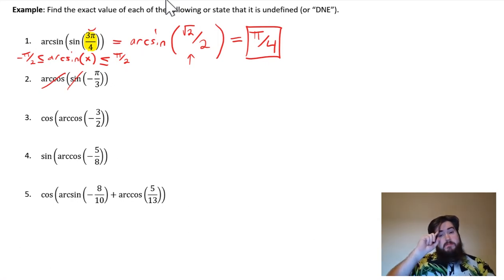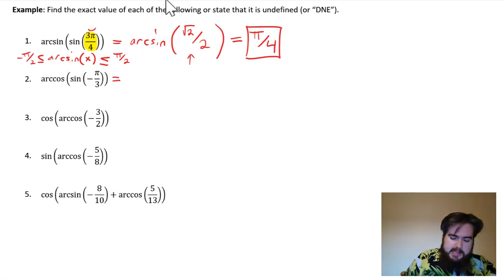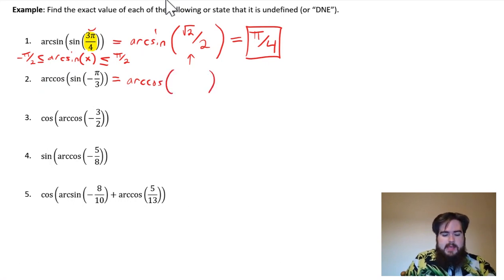But here, no. In this case, just like the previous one, work from the inside out. So, evaluate sine of negative pi over 3. That would be in quadrant 4 where sine is negative, so we get a negative ratio. And sine of pi over 3 is square root of 3 over 2.